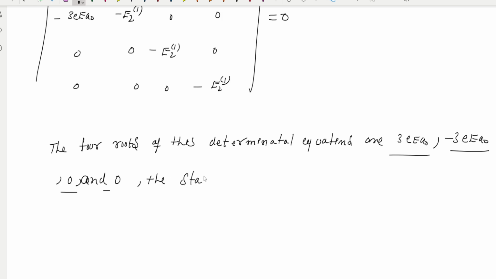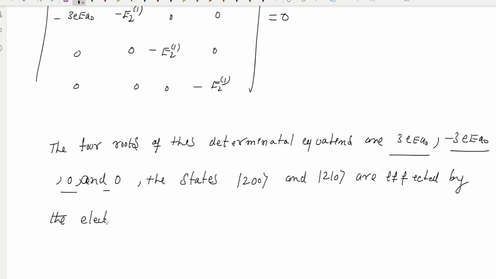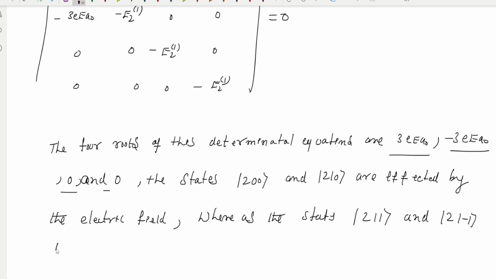The states 200 and 210 are affected by the electric field, whereas the states 211 and 21 minus 1 are not affected by the electric field.